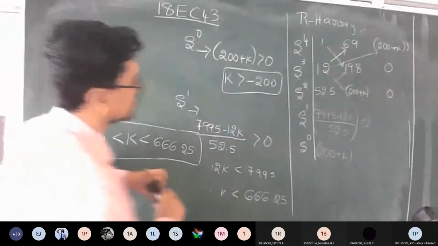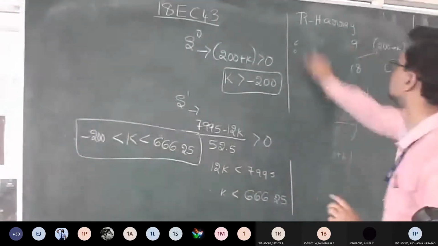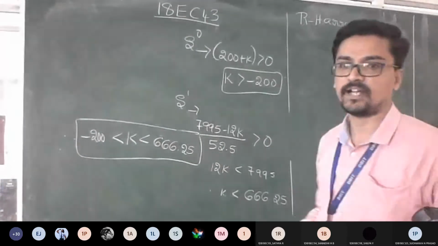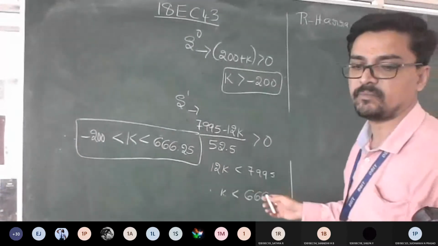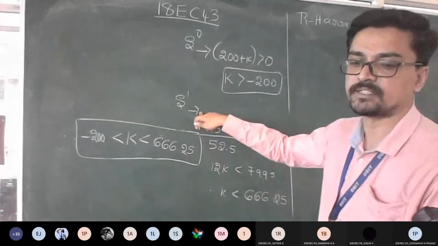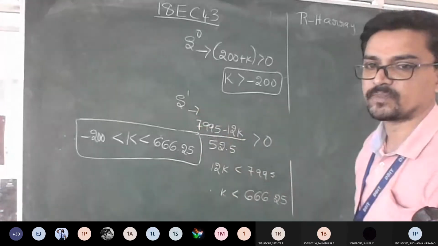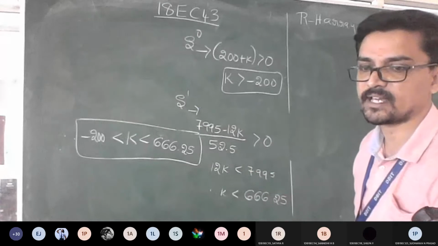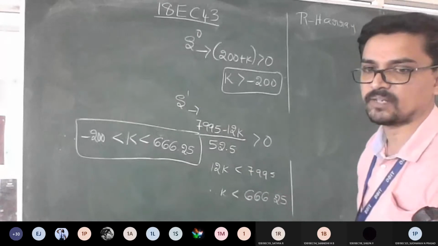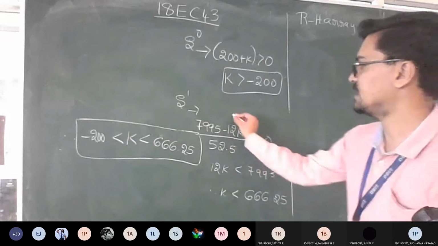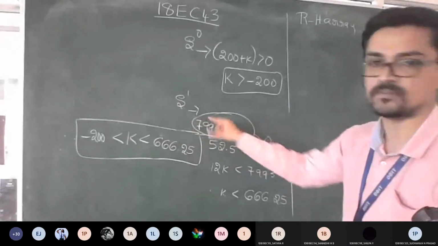The statement you wrote: find k such that it makes the row of s power 1 a row of zeros. Therefore, for marginal k or sustained k, just take this equation and equate it to 0.